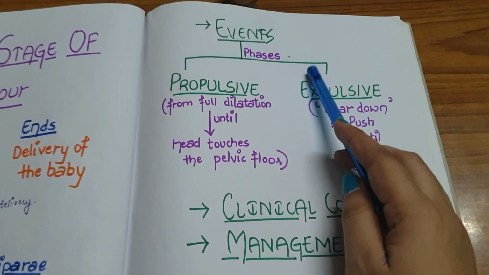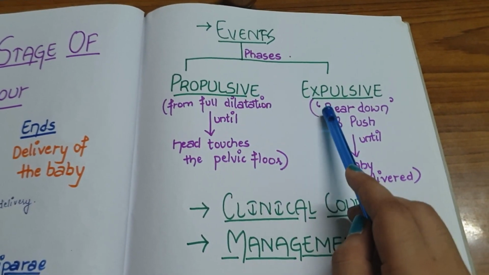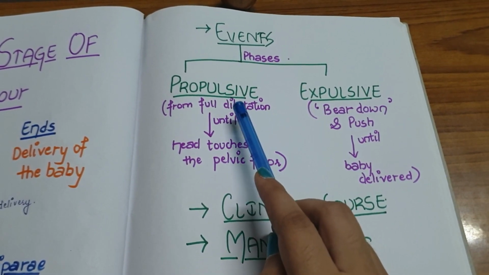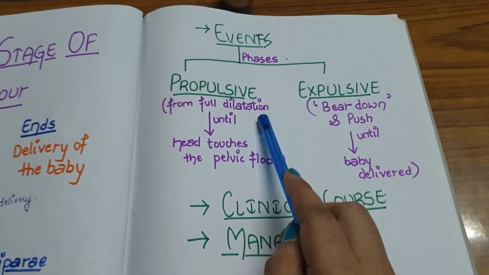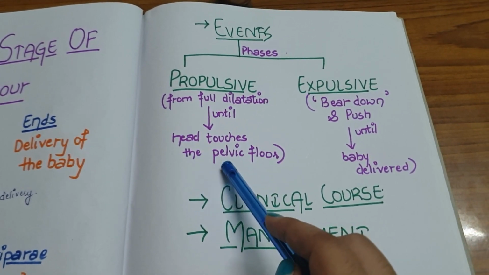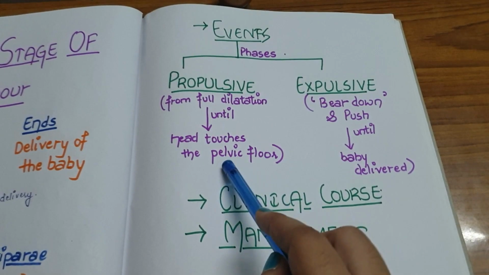Under events there are 2 phases. The first one is propulsive and the second one is expulsive. The propulsive phase usually starts from the full dilatation of the cervix, that is 10 centimeters, until the head touches the pelvic floor, meaning the bottom of the pelvis.